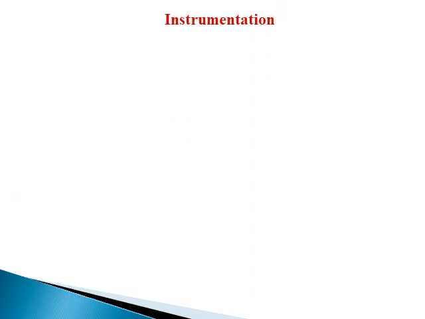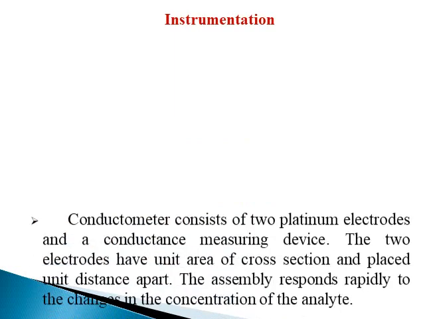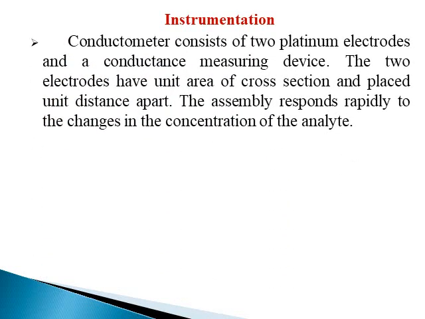As far as the instrumentation is concerned, it consists of two platinum electrodes having a cross-sectional area of 1 centimeter square, kept at a distance of 1 centimeter apart. When you dip these platinum electrodes into a solution and measure the conductance, the obtained conductance is called the specific conductance.